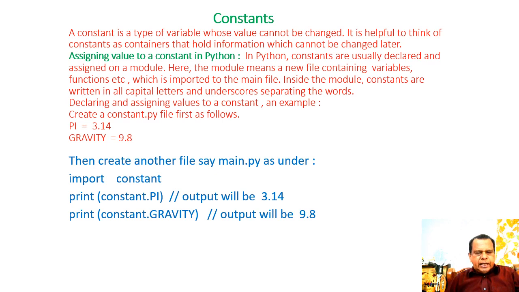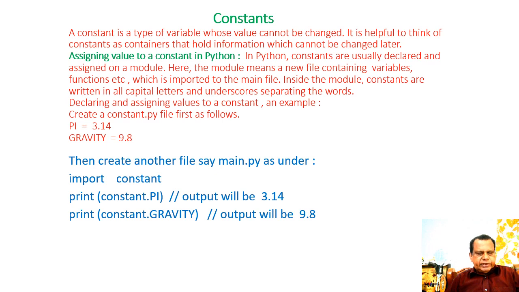Declaring and assigning values to a constant. An example follows. Create a constant.py file first as follows. PI, both are capital letters, PI is equal to 3.14.